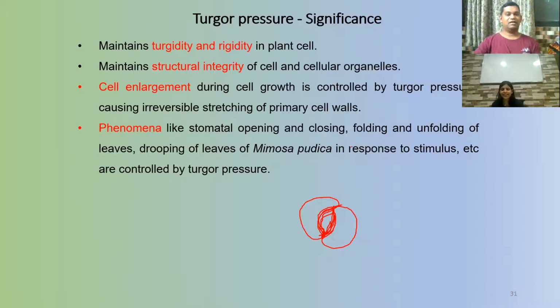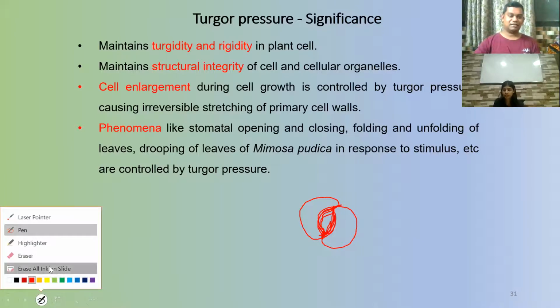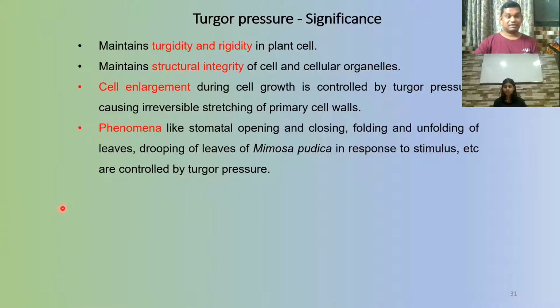Similarly, in many plants like gulmohar, after sunset the leaflets close, and in the morning at sunrise you see them open. Those plants which have compound leaves especially show this folding. That is again because of differences in the turgor pressure.